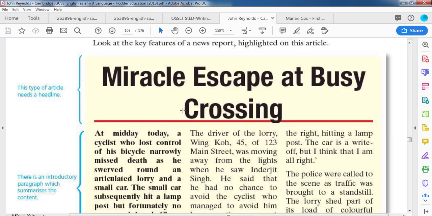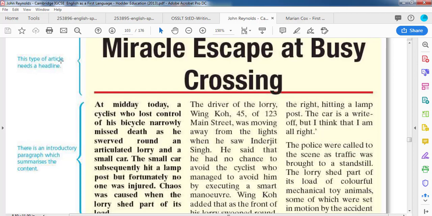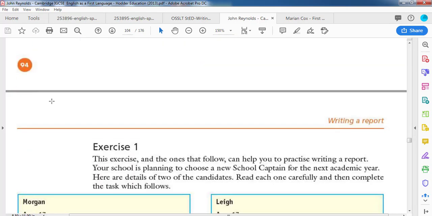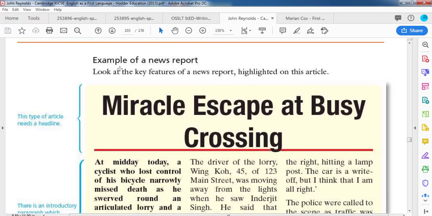Then he gave you an example about it. Then he tried to explain each section of the report. I found it very interesting, but it is a type of, in my opinion, complicated or a professional in a way.